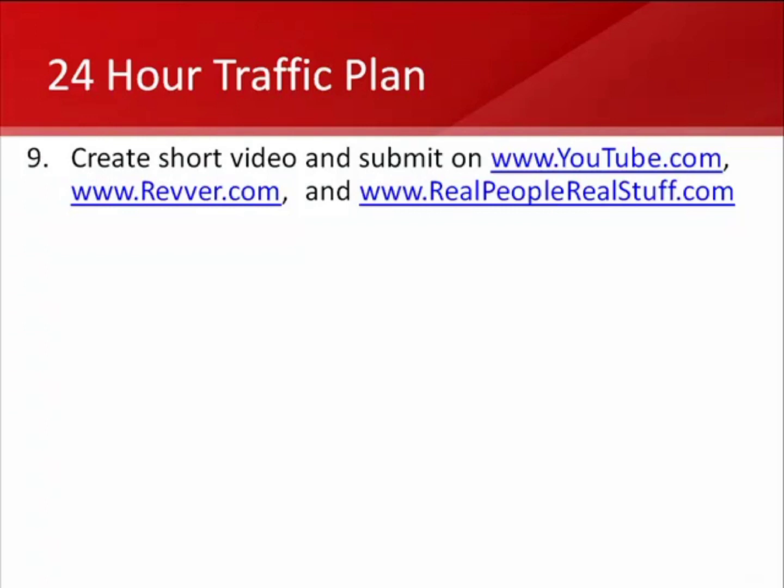Then you're going to record the audio of you reading the article. You're going to use Audacity to record the article that you wrote in the previous step. What's going to happen there is you're creating a podcast type file, an MP3 file.